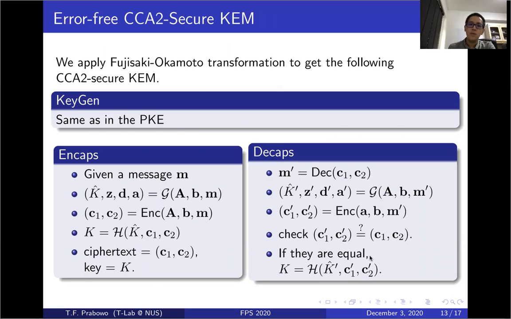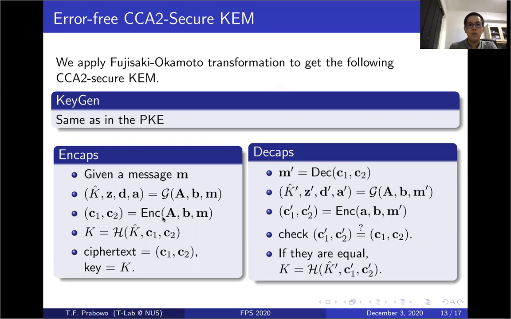And as I said, we can just apply the Fujisaki-Okamoto transformation to get our key encapsulation mechanism. This is quite a standard technique in this area. So key generation is the same as in the PKE. Encapsulation is this. This is just to highlight that previously the encryption is a non-deterministic process.